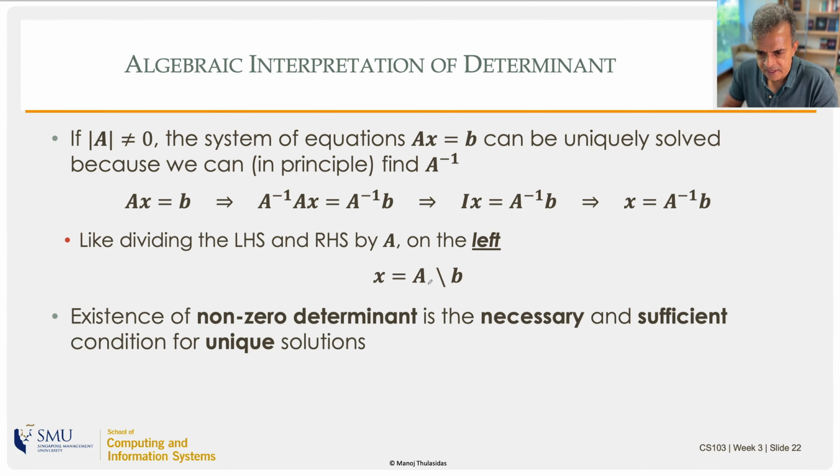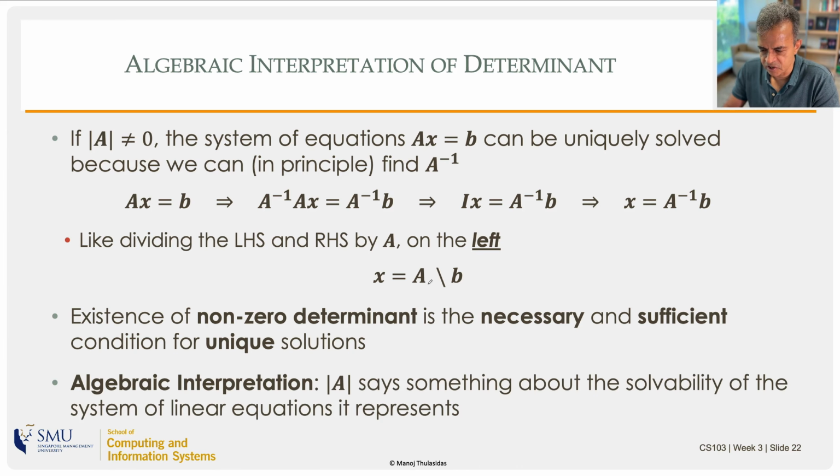Once again, the existence of a non-zero determinant is the necessary and sufficient condition for unique solutions, and of course for the existence of A inverse also. So as you can see, the determinant of the matrix has something to say about the solvability of the system of linear equations that it represents.